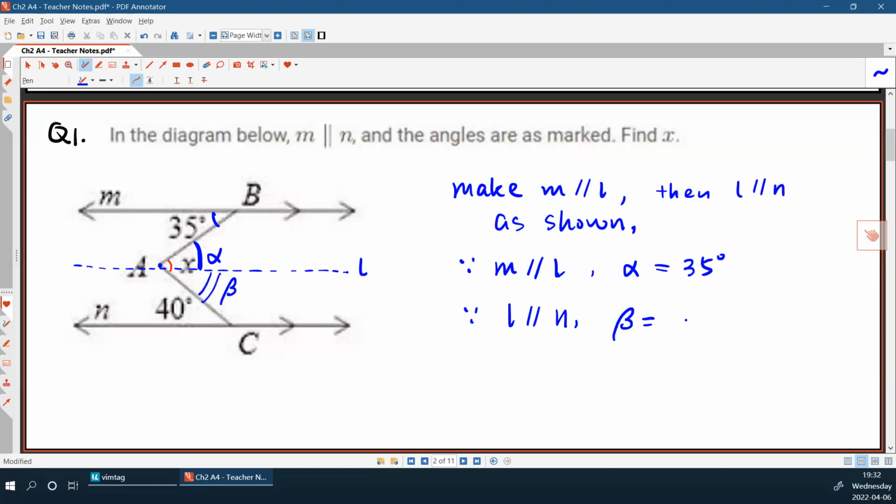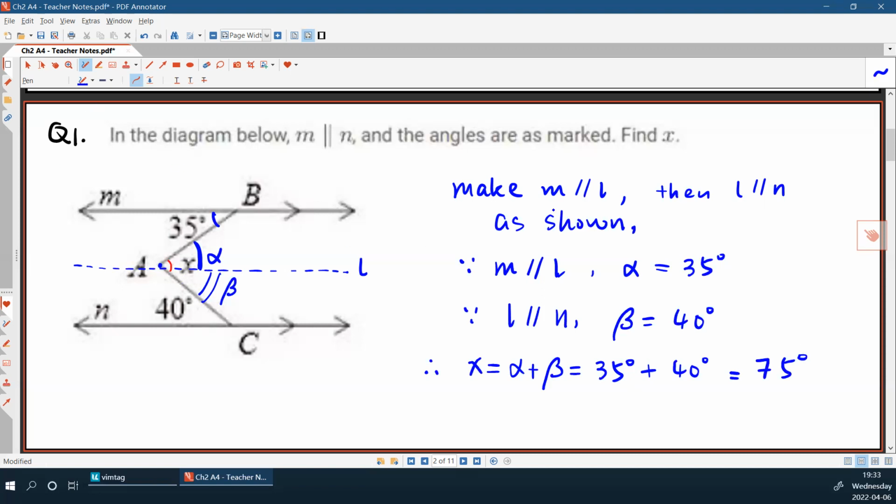Beta must be 40 degrees, because beta and 40 degrees here are also alternate interior angles. Therefore, X equals alpha plus beta, which is 35 degrees plus 40 degrees, which is 75 degrees, right?